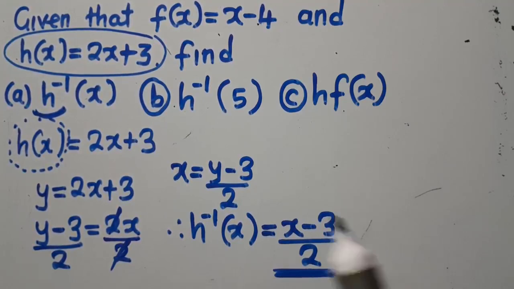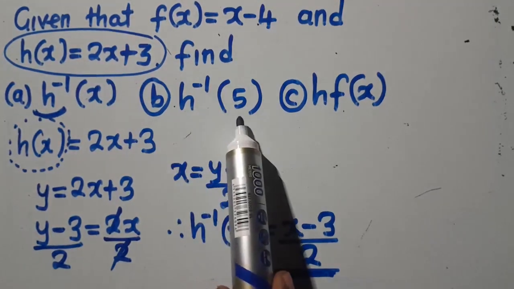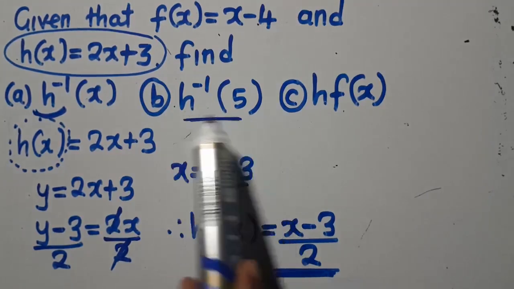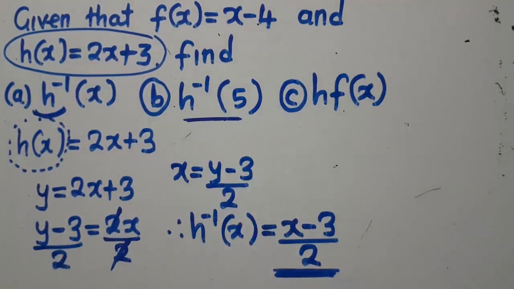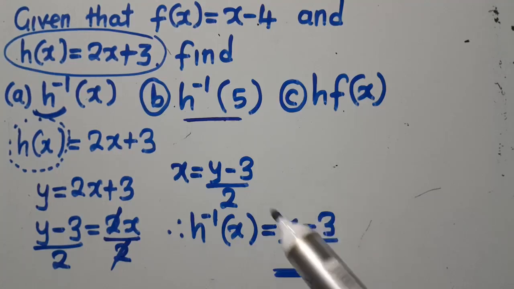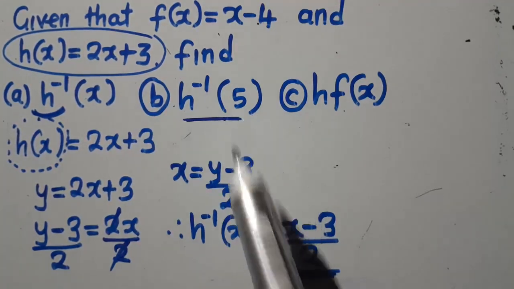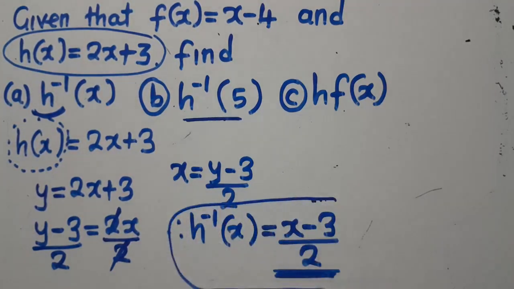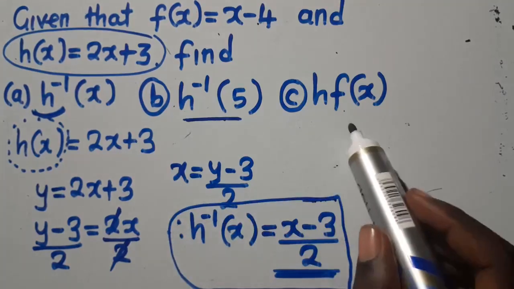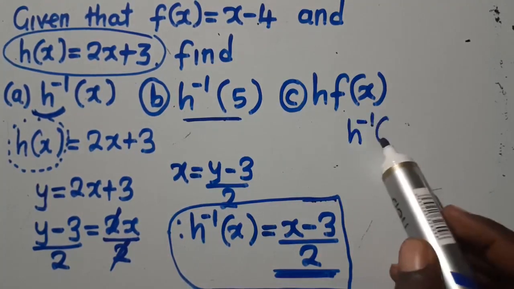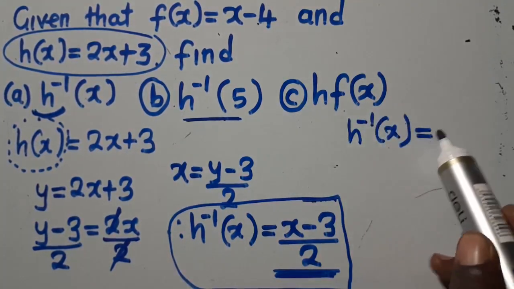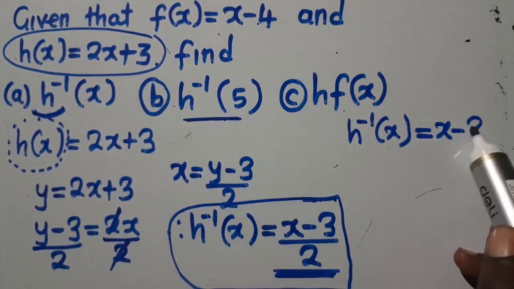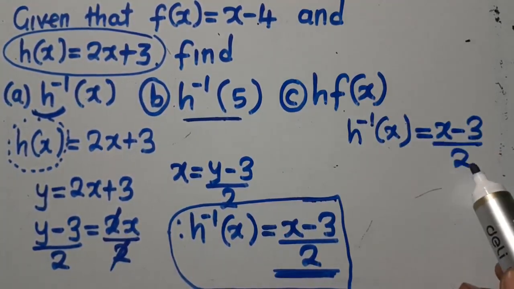The next question says find h inverse of 5. The first thing you ask yourself is, where is the function for h inverse? It is just right here. This tells you that you use the same function, h inverse of x is equal to x minus 3 over 2.